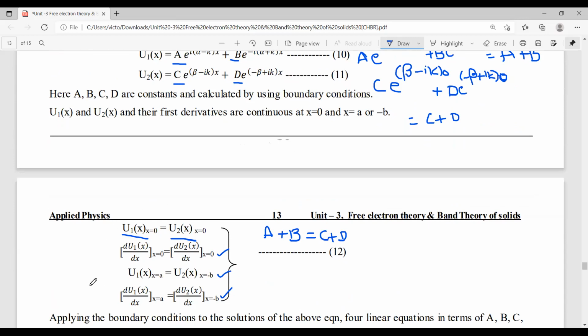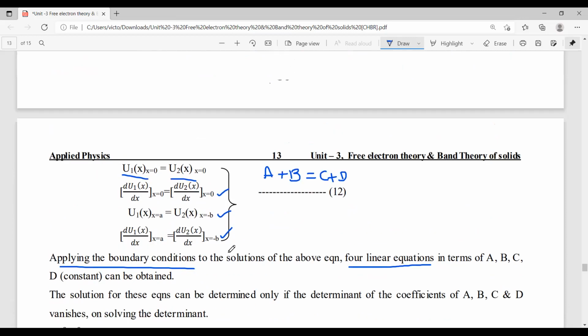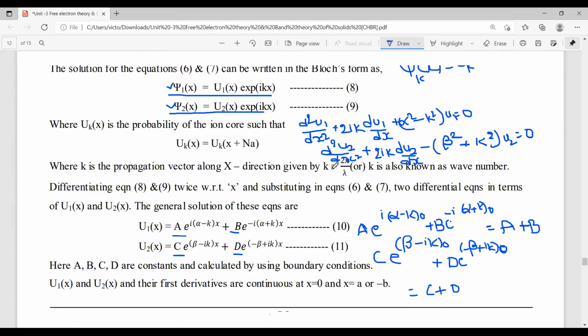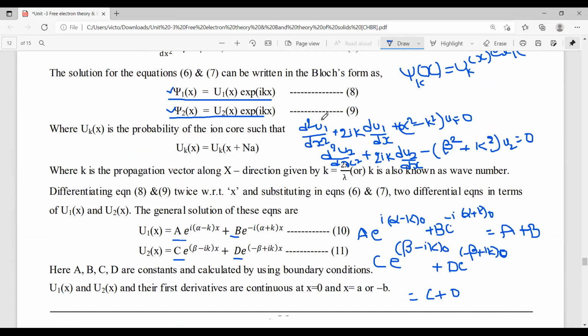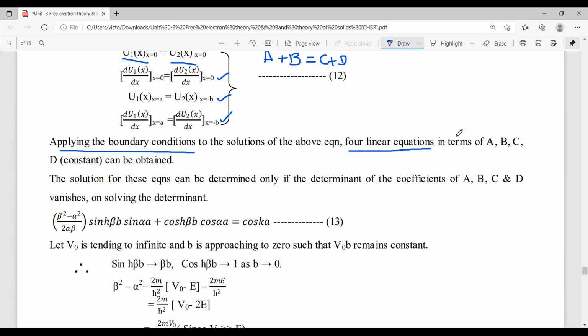So by applying the boundary conditions, we get 4 linear equations. Before, we had a second order differential equation, that is, order 2. By further process, finally we get linear equations, that is, order is changed to 1.